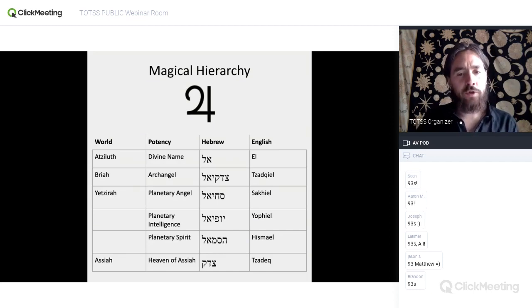Then we've got the archangel of Jupiter, Zadkiel. And then we've got a trinity here for our Yetziratic hierarchy, like we did with the other planets that we've seen. So our planetary angel is Sachiel, our planetary intelligence is Yophiel, and our planetary spirit is Hismael. In 777, in the spelling of Yophiel, Crowley drops the Aleph.